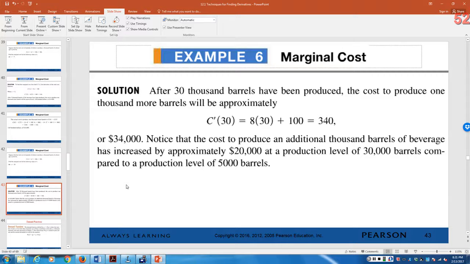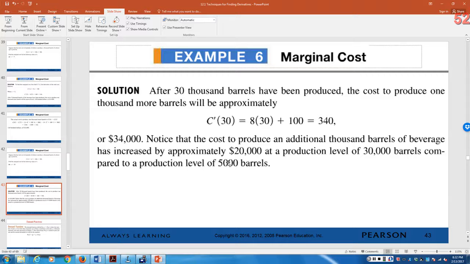But if you plug 30 into the derivative, you get 340, which is 340 hundred, so that's $34,000. So if you've already produced 30, it's going to cost you $34,000 to produce an additional 1,000 barrels of the beverage. And that's increased by about $20,000 at a production level of 30,000 barrels when you compare it to only 5,000 barrels.